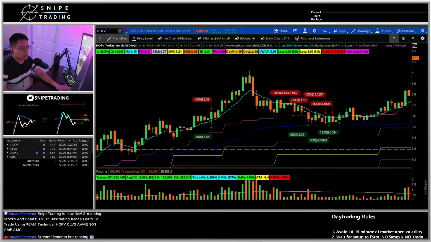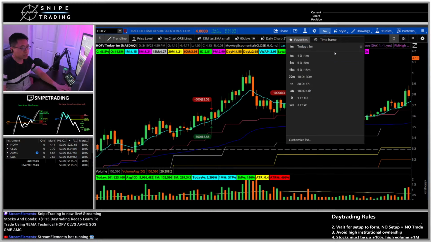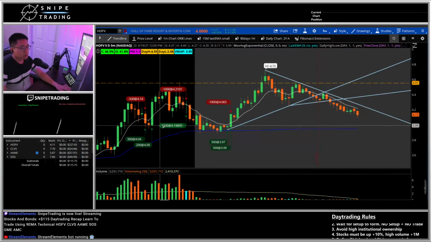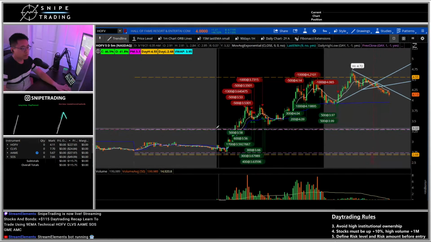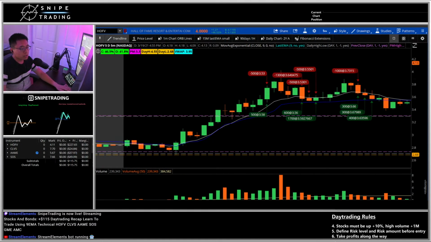You can see it held VWAP pretty closely, which is the blue line that I have. I went short on the 5-minute chart, I shorted there, and then it held VWAP.